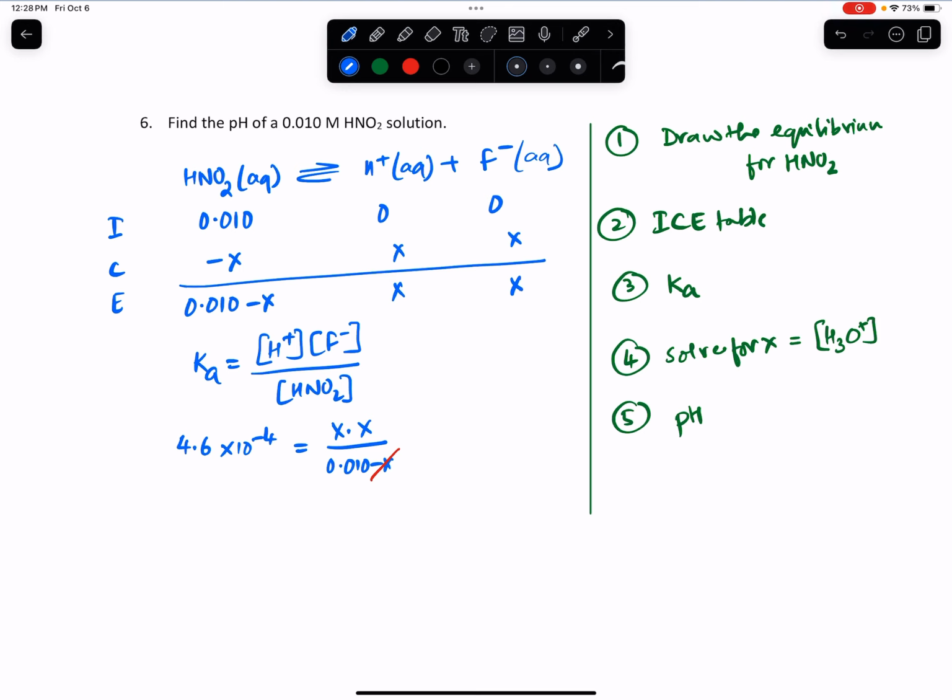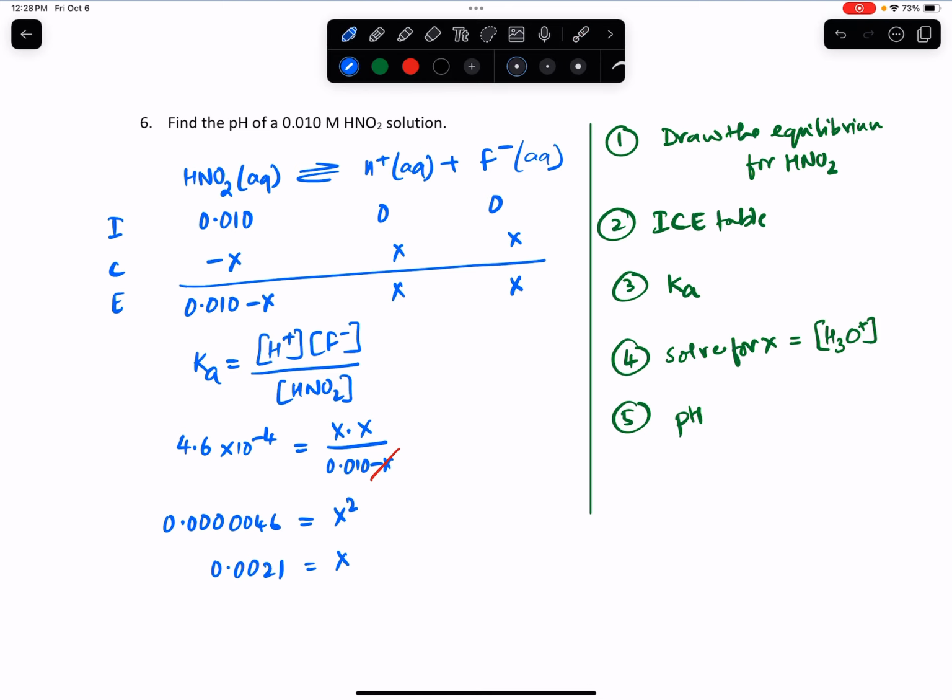We get X squared is equal to, multiplying both sides by this term, 0.0000046. Taking the square root of that, we get 0.0021.